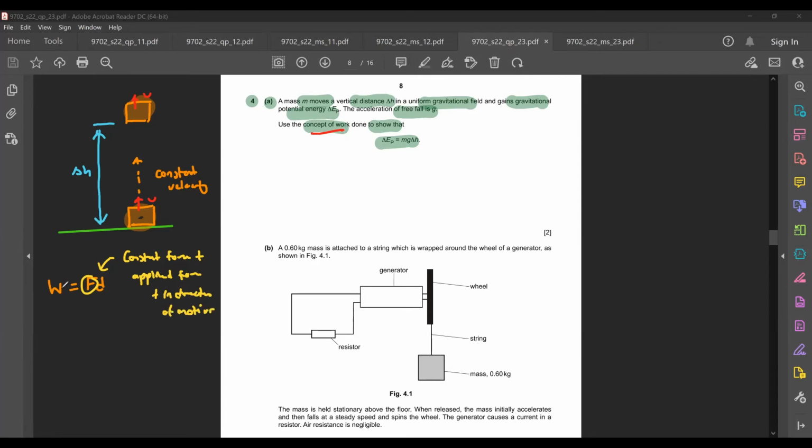There was a condition to use W equals force times distance moved. So that one was that the force must be constant, it must be an applied force, not resultant force, and the force must be in the direction of motion.